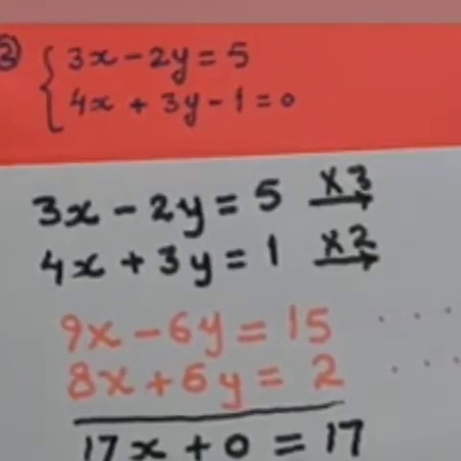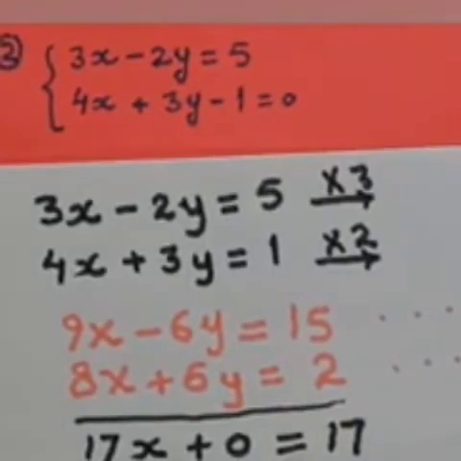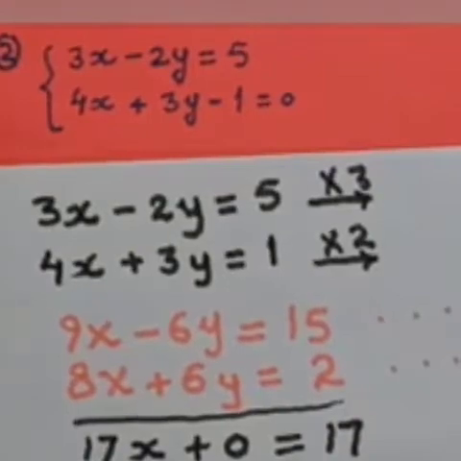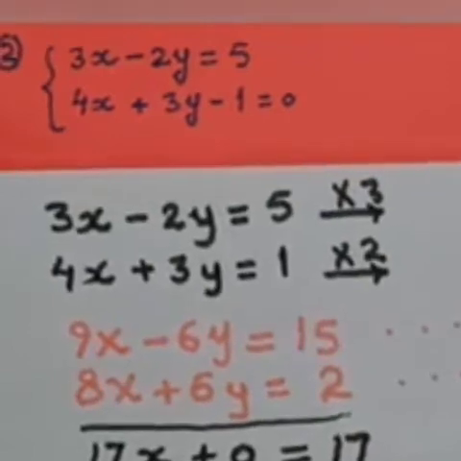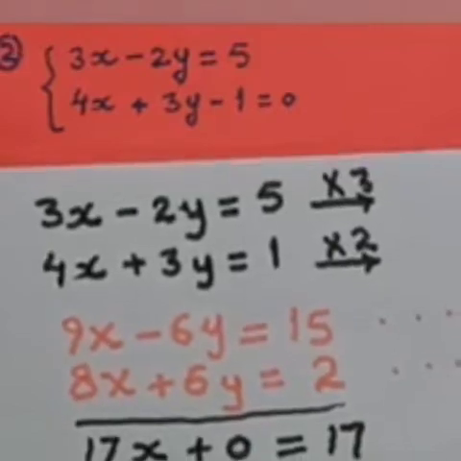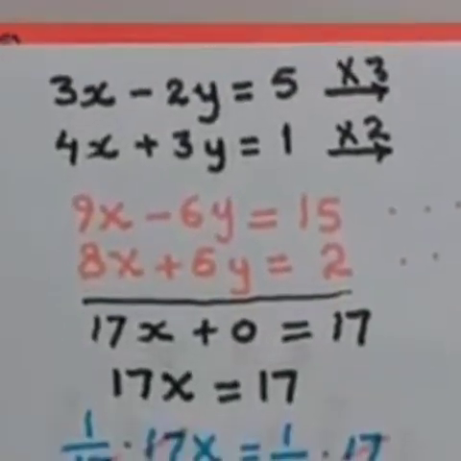This step, as we make division by 17 on both sides of the equation. Here we can cancel this 17 with this 17, and we got only x, and here also, cancel those together, we got only 1. So x is equal to 1.